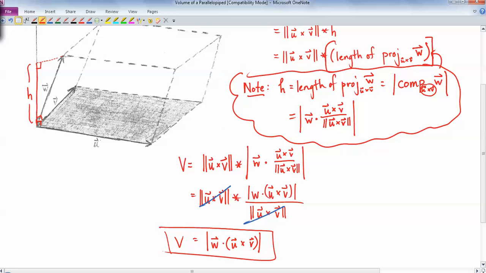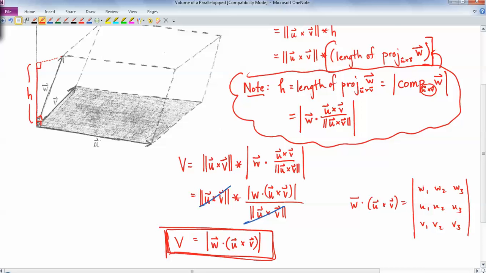Okay, now in a homework assignment at some point, you learned that W dot U cross V, since these are going to be 3D vectors, you can calculate that by using a determinant with rows W, U1, U2, U3, V1, V2, V3. And that thing's called the triple scalar product.